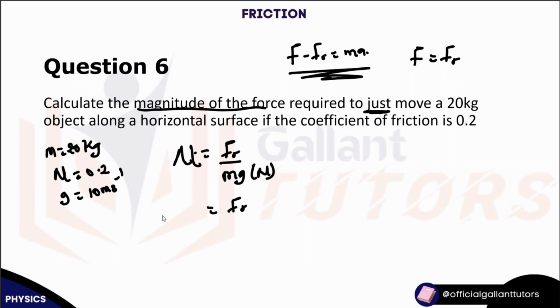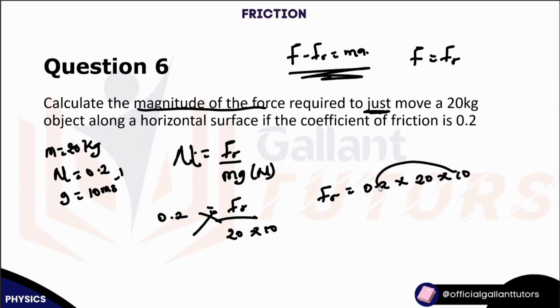This is 0.2, and our mg is 20 times 10. So just cross multiply, as simple as that. So frictional force is equal to 0.2 times 20 times 10. So 10 times 0.2 is 2, times 20, 40. So 40 what? Will I leave it like this? No, 40 Newton. Is that clear?